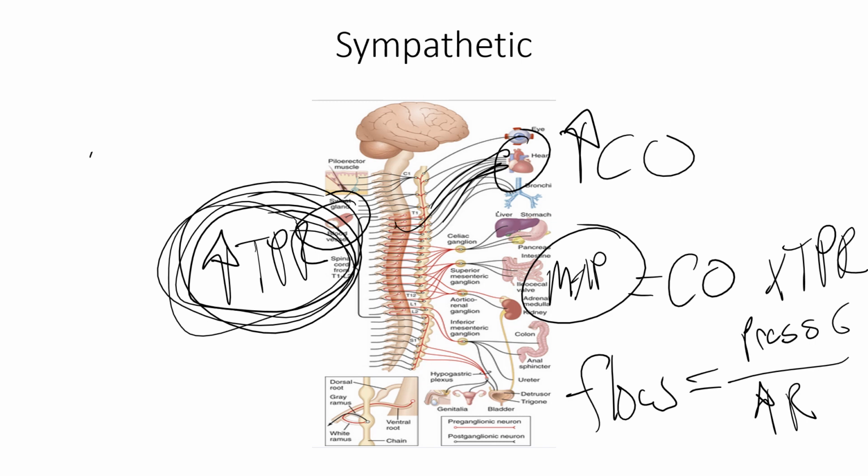And then you think, well, what effect will that then have on resistance in those specific areas, specifically in the vascular networks that lead to contracting skeletal muscles? Resistance is actually going to decrease.